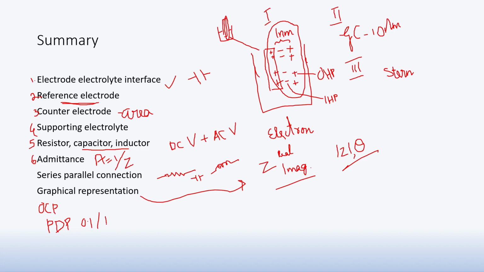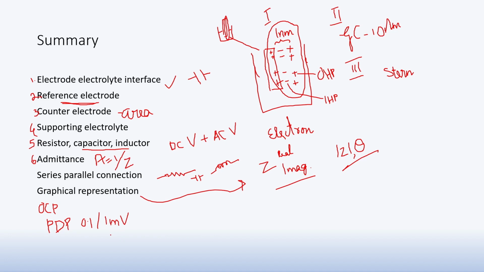You scan from plus 250 millivolt to minus 250 millivolt. Going positive with respect to potential means you are going to a cathodic region, so you start from a cathodic region, sweep through, and come to an anodic region. This is a slow scan.